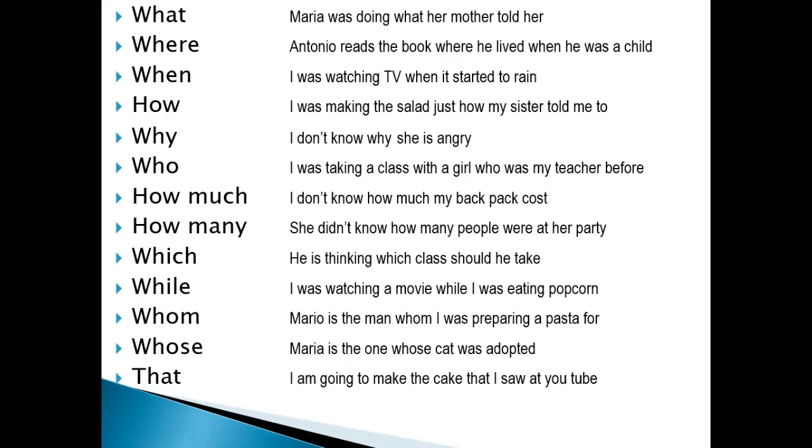For example, what means lo que, where, dónde, when, cuándo, how, cómo, why, por qué, who, quién, how much, cuánto o cuánta, how many, cuántos o cuántas, which, cuál o cuáles, while, mientras, whom, a quién, whose, de quién, that, que.